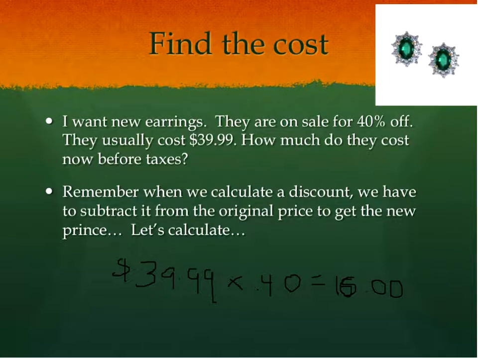So my original price was $39.99. I figured out my discount. How much am I paying for those earrings? We're not paying $16. They're on sale for 40% off. So we're going to take $16 off the original price.